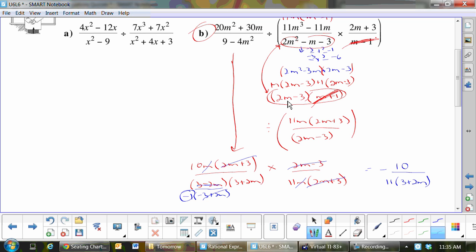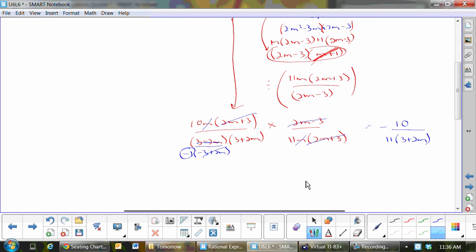That's this. We've got the 3 over 2 counted. How about this one? Negative 1 would be bad there, right? Positive 1 would be bad here. Am I missing any? 0 would be bad here. So you've got to go hunting, right? So m cannot equal plus or minus 1, plus or minus 3 over 2, and 0.